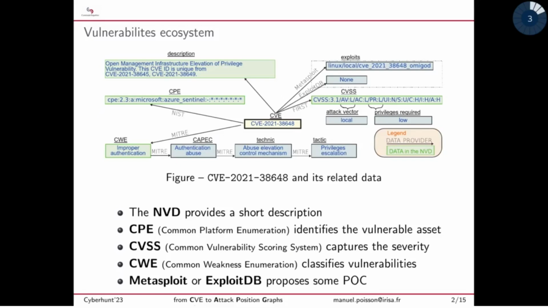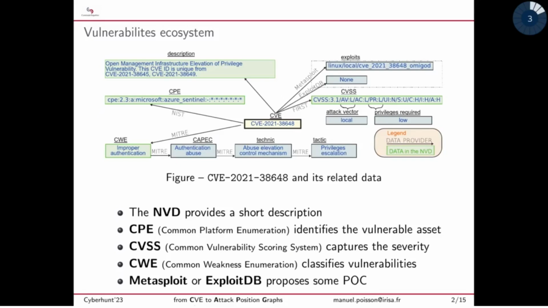We can also have the CPE, Common Platform Enumeration, and it says what is affected by this vulnerability. Here, for example, this vulnerability affects Azure Sentinel software that is provided by Microsoft.